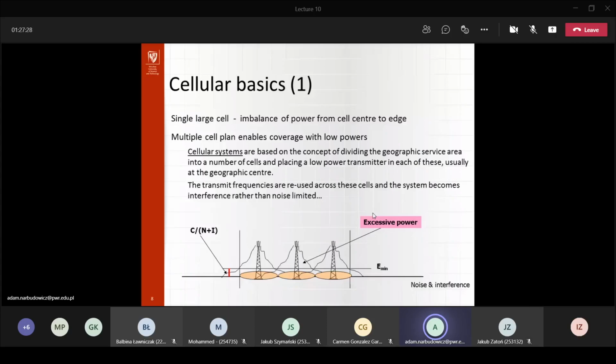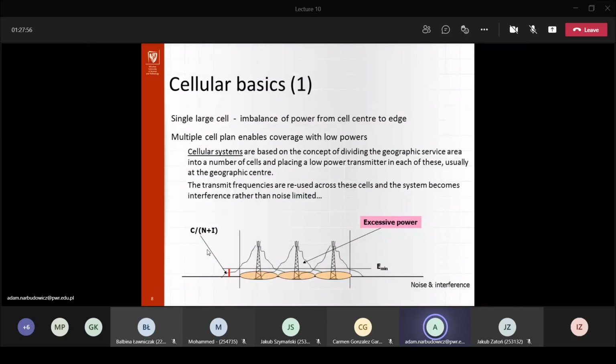This is exactly the idea of the cellular system. We divide the area we want to cover into cells, build one radio transceiver base station for each, and then put them into a network to use the synergy effect.